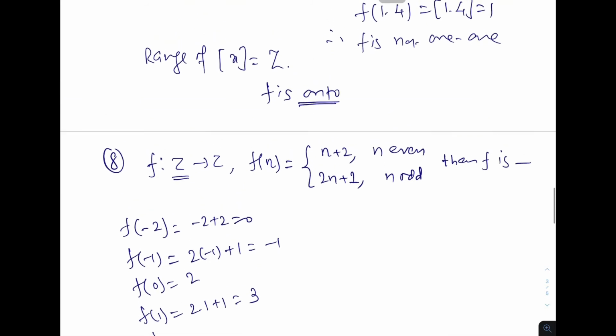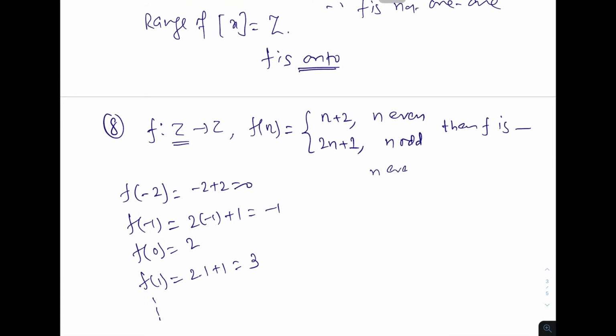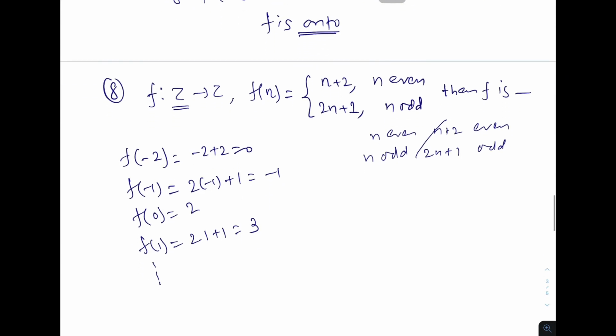Now here you can see that when n is even, n plus 2 is also even, and when n is odd, then 2n plus 1 is odd. If it is needed, you can have that kind of thing, but right now it is not required. Now here you can see that the values are different: 0, minus 1, 2, 3.